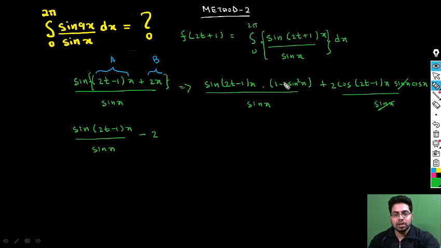So 2 due to this 2 into sine of this 2t minus 1 x into sin x, because this sin square x has been cancelled by sin x once. Fine. And here we have 2 cos 2t minus 1 x into cos x.